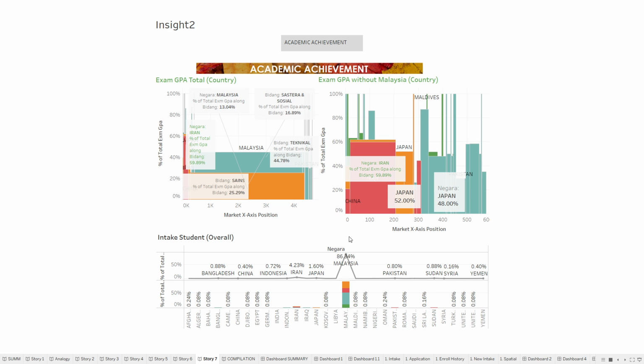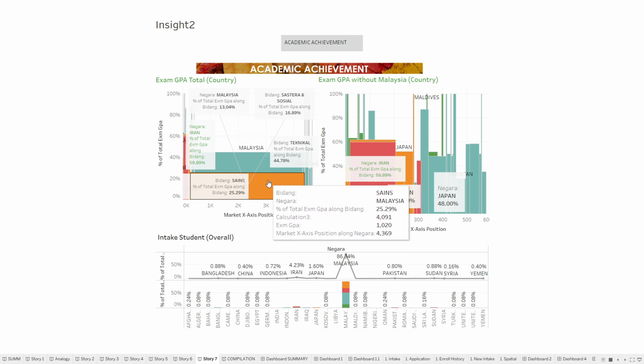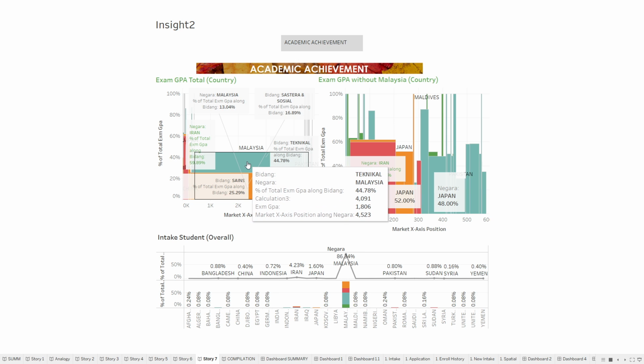It can be said that even though Malaysians have 86.34%, about 86% of the student intake, it means that something needs to be done for the academic achievement of Malaysians. Mostly, it can be said that because of the huge number of students, the range of the results is quite at par.